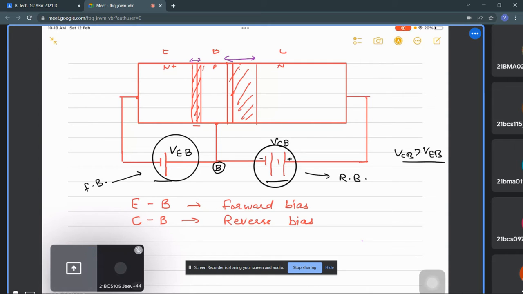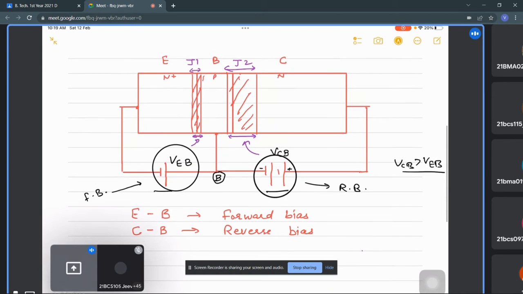Okay, so this depletion region is being narrowed and this depletion region will be increased because of this voltage, right? Because there is a junction J1 and junction J2. Okay, so junction J1 is being forward bias and junction J2 is reverse bias.